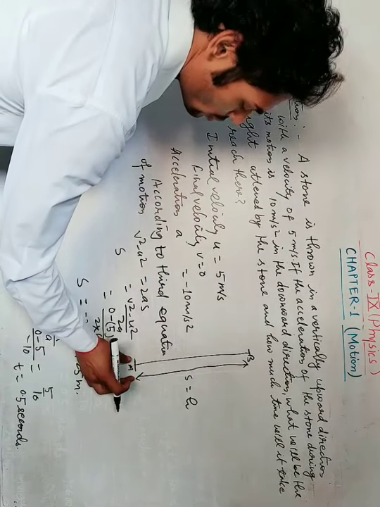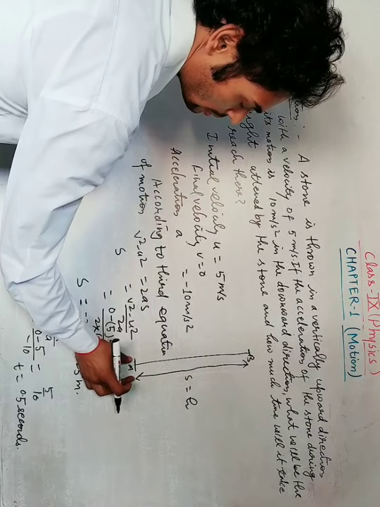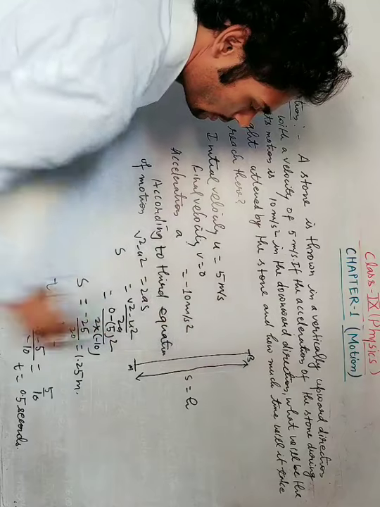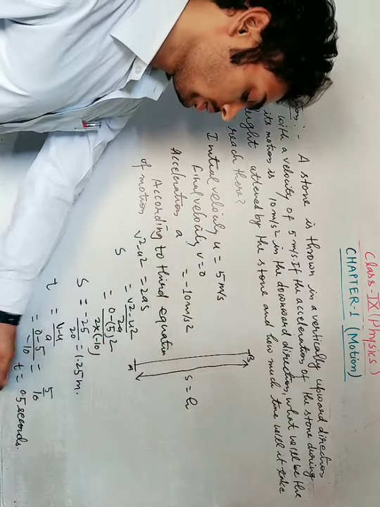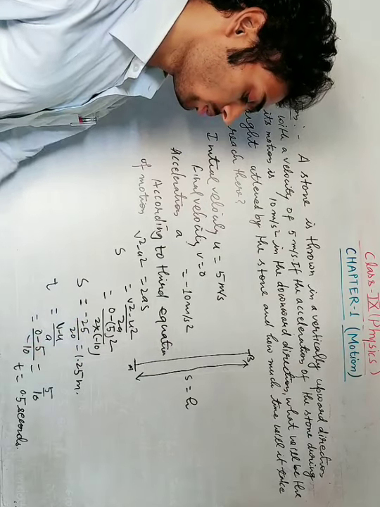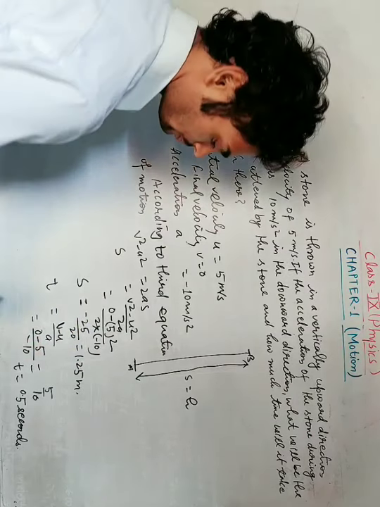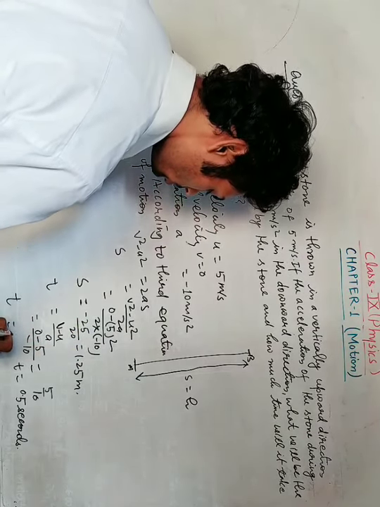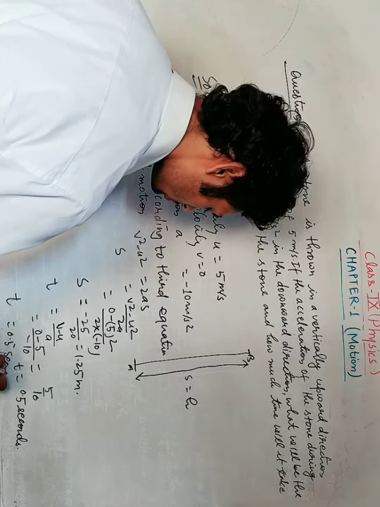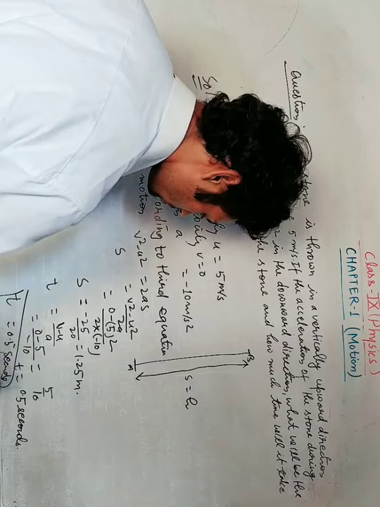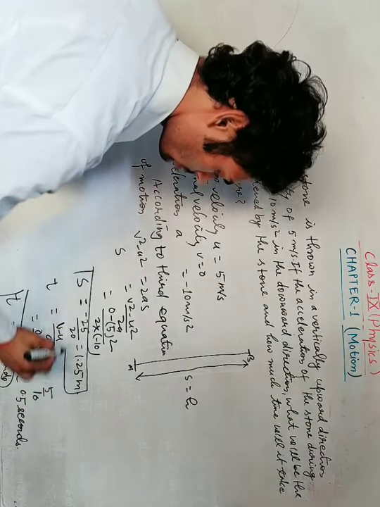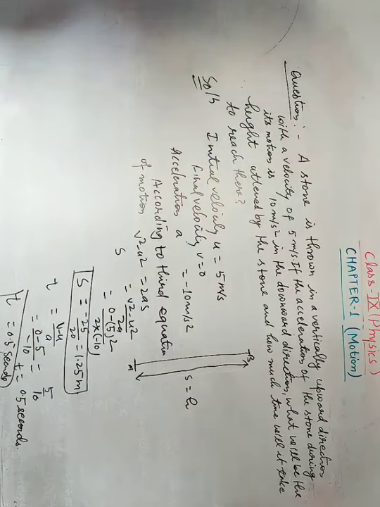When the stone is thrown upward and reaches point B, it takes 0.5 seconds and travels a distance of 1.25 meter. So time t equal 0.5 seconds, and distance equal 1.25 meter.